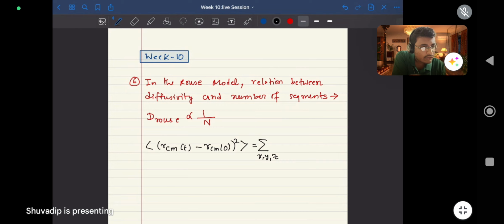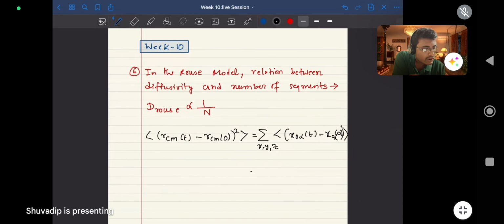This will be the average of x_0 alpha comma t minus x_0 alpha comma 0 whole square. We already got a relation here, because both of them are alpha components.